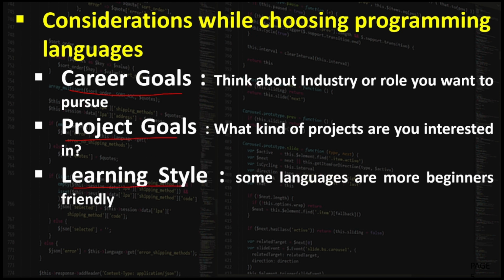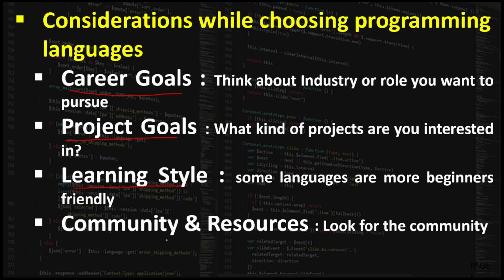You also have some learning styles. Maybe you are a beginner, or you are kind of not liking a language, or maybe you are choosy about which language to select, like I should be selecting a very simple language. So this can be another parameter which you can utilize. And then you have to see which language has more community and resources, like for example the .NET community, Java community, Golang community, React community.